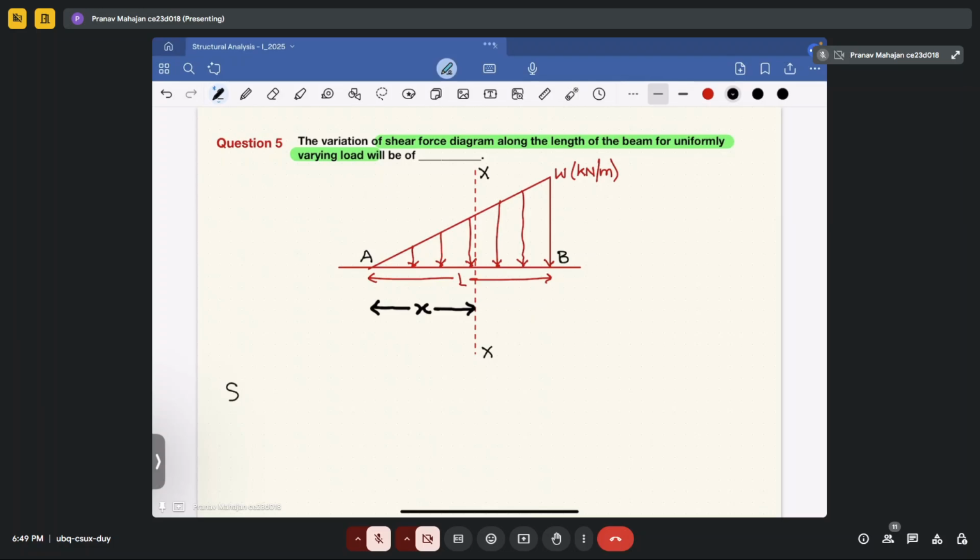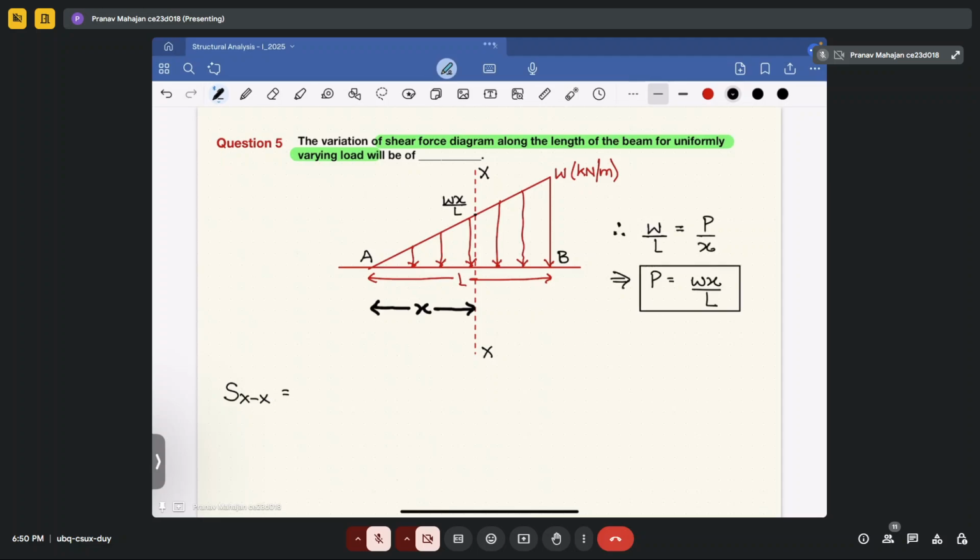So let me write this S_XX equal to. So utilize the property of similar triangles. So at point XX, your value of maximum load will come out to be WX upon L. How I did that? Your maximum value is W divided by L, equal to, you have to determine this value. So let's see, I will take this value as P upon X. So what will be your value of P? Your P value will be equal to WX upon L.